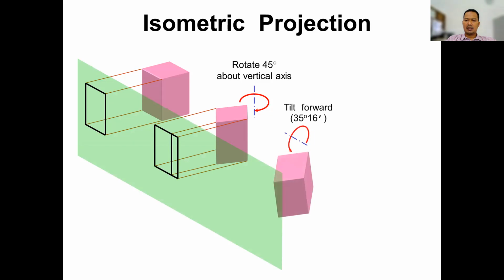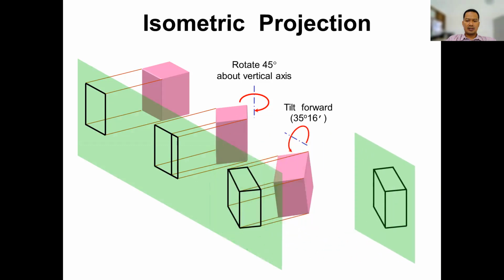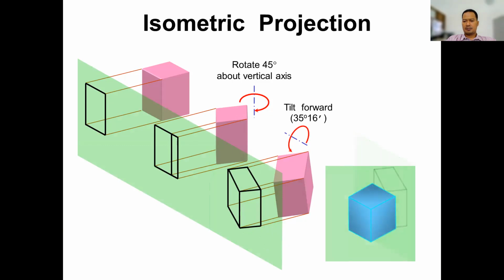And when you tilt and also rotate the object through the horizontal axis, you will get a projection like this. And this is the isometric projection. It is shortened by about 0.8 times.